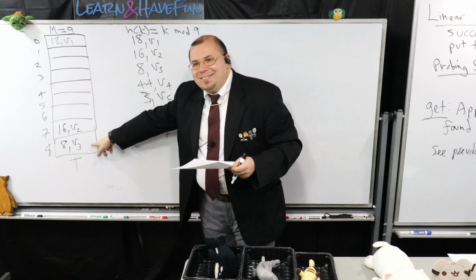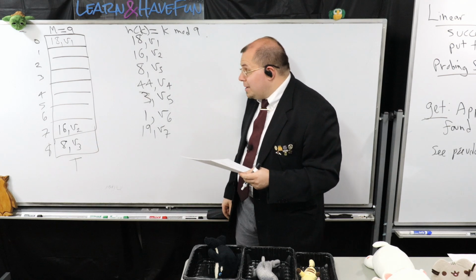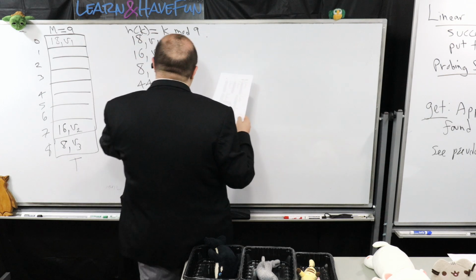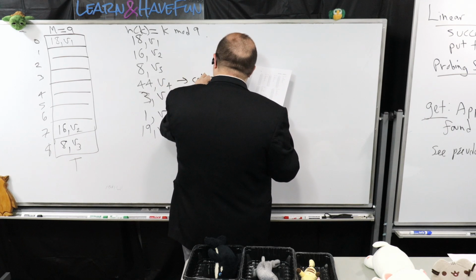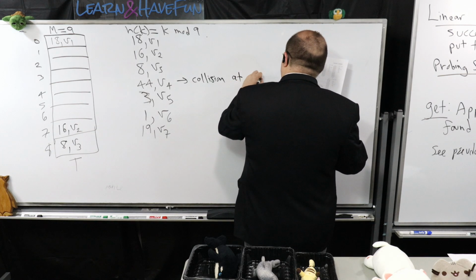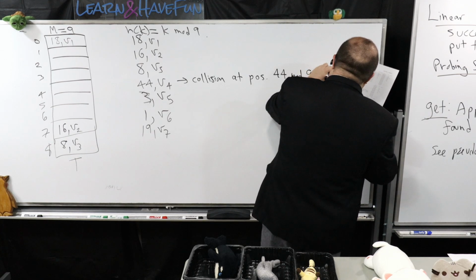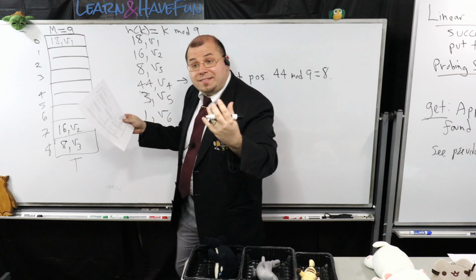So it looks like we should be right here, right? So we have a collision that happens at position 8. So for the 44, we have a collision at position 44 mod 9, which is just 8, right? Now, this is where I get to put my bunny sense on.